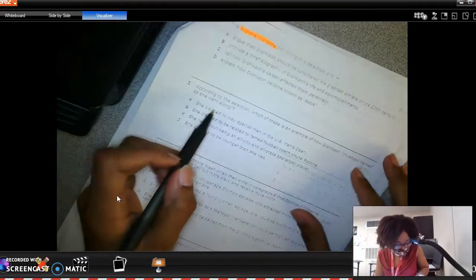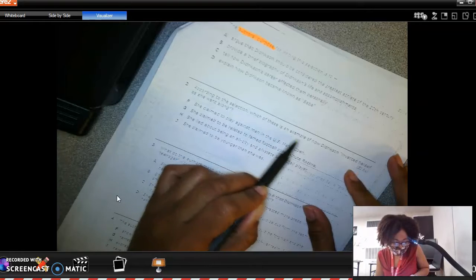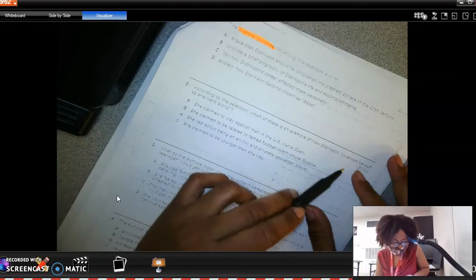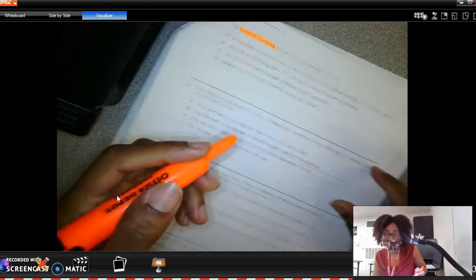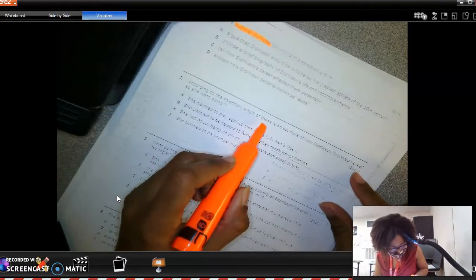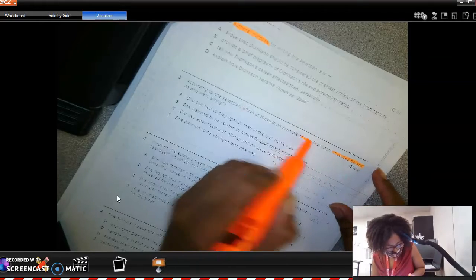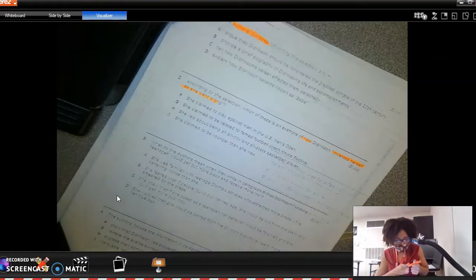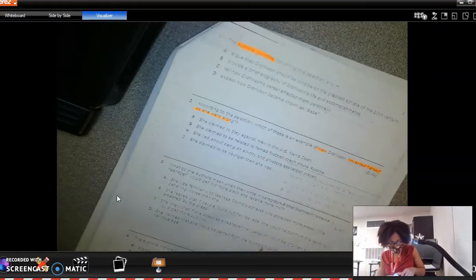All right, next question, number 2. It says, according to the selection, which of these is an example of how Didrikson invented herself as she went along? What's the most important words here? How she invented herself as she went along.